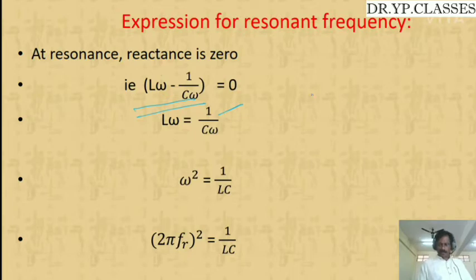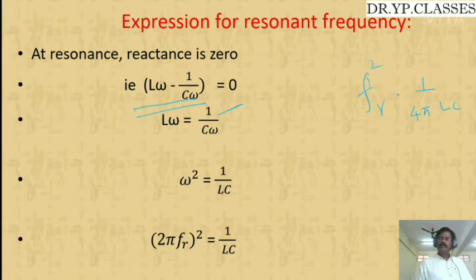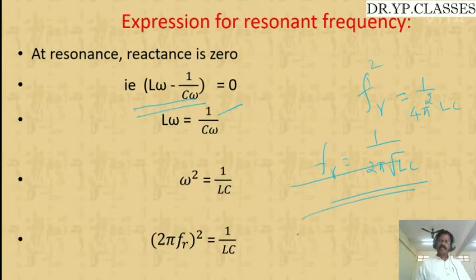So FR square is equal to 1 over 4 pi square LC, or the resonant frequency FR is equal to 1 by 2 pi root LC.